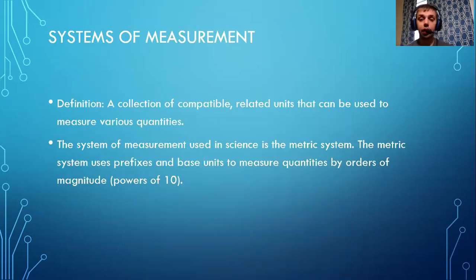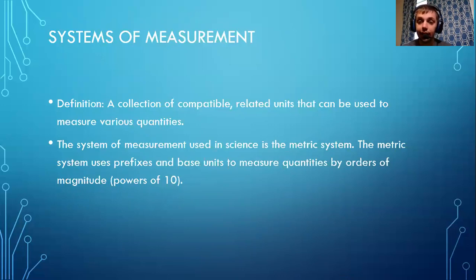So let's talk about systems of measurement now. What that is, simply, is a collection of compatible units that can be used to measure different things. Now, those different things can be temperature, time, length, volume, mass, anything like that.